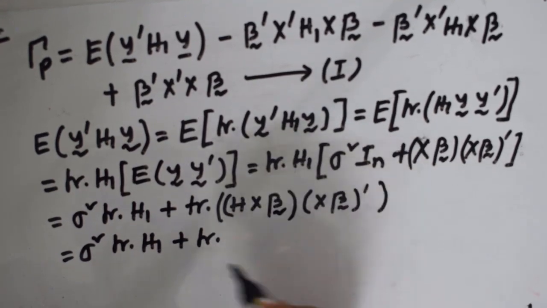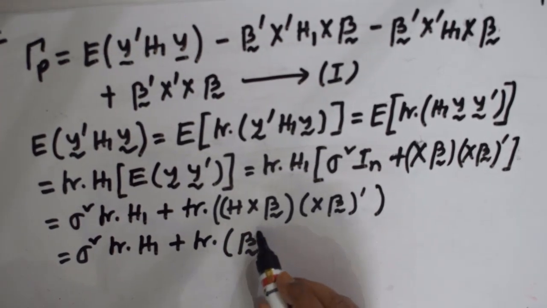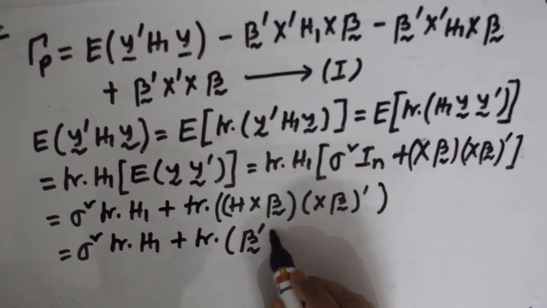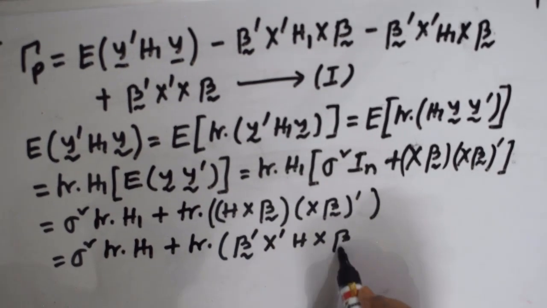Since trace of AB equal to trace of BA, so we write it as trace of beta curl prime x prime h1 x beta curl.